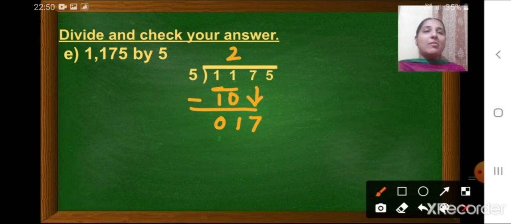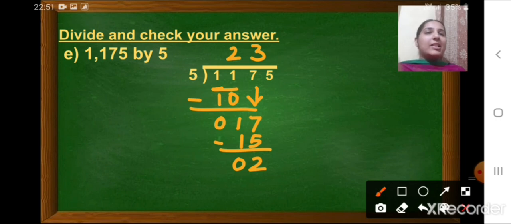So how many times? 5 3 times. So 5 3s are 15. Now let's subtract: 7 minus 5, we'll get 2 here, 1 minus 1 is 0. Now again 5 is greater and 2 is smaller here.